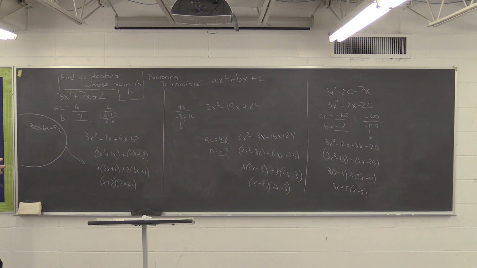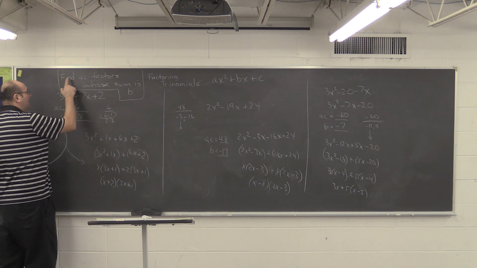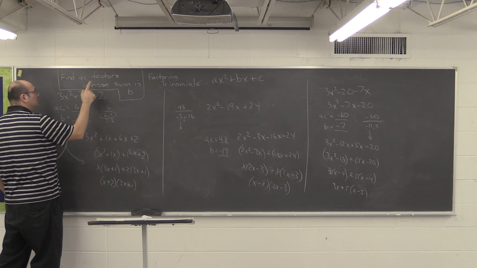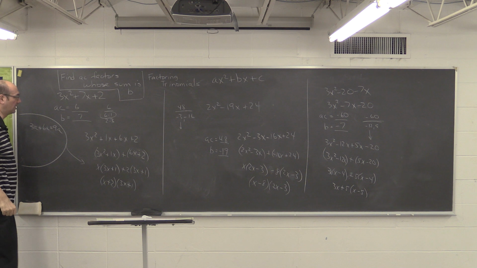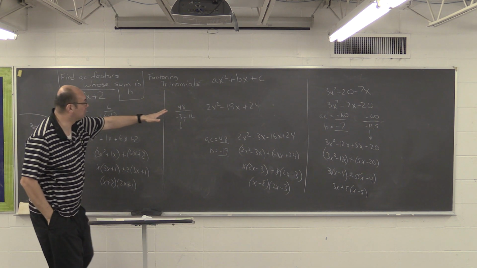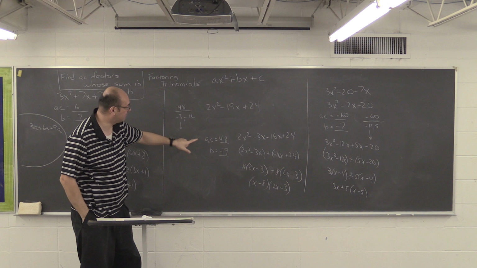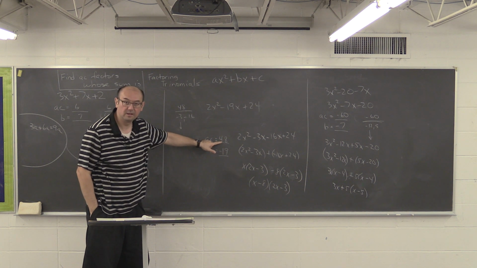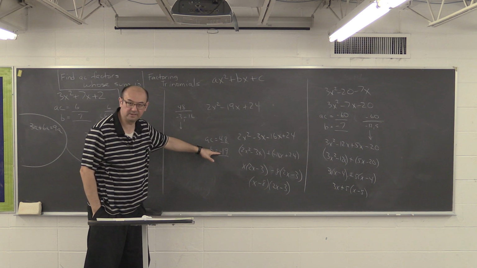We need those numbers because here's what we're going to do with those numbers, and here's the phrase that might help you to understand. We need to find the AC factors whose sum is b, all right? So we basically need to find the factors of 6 that when added together equal 7. In this next equation that we'll do, we'll need to actually find the factors of 48 that will add to a negative 19.